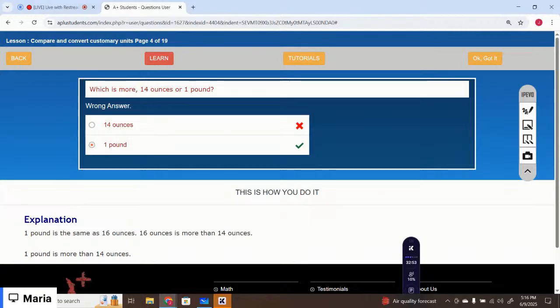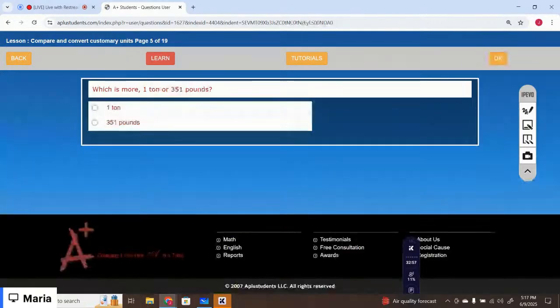Option number two is, no, sorry, 1 pound is more because 1 pound equals 16 ounces. Which is more, 1 ton or 351 pounds?